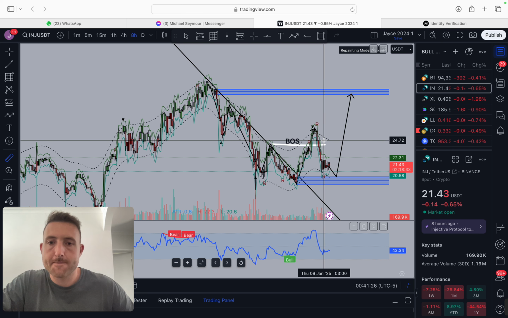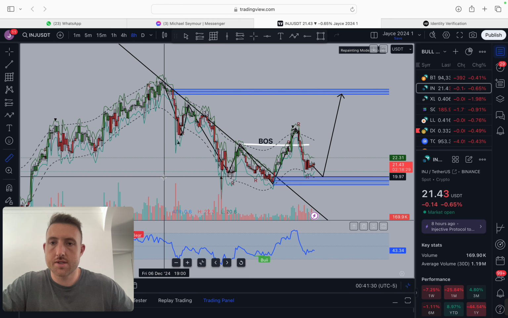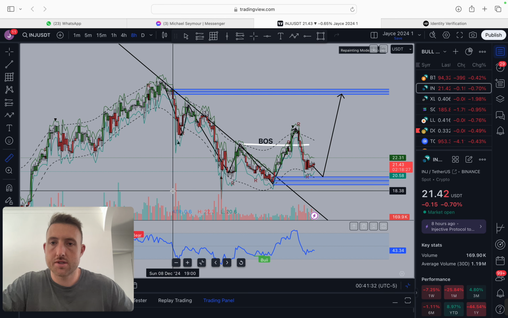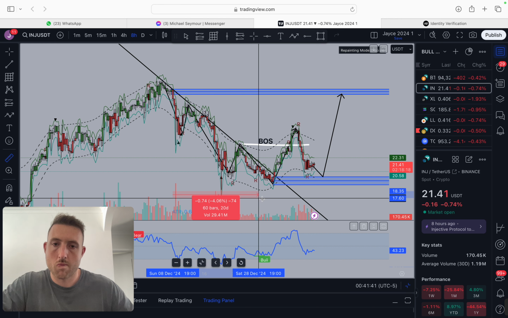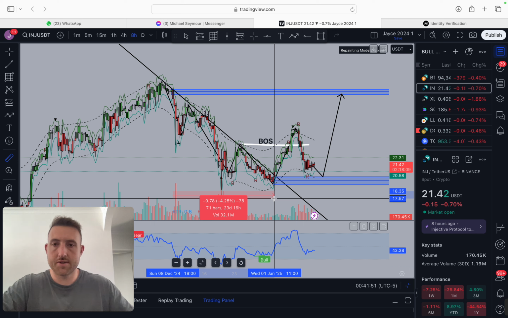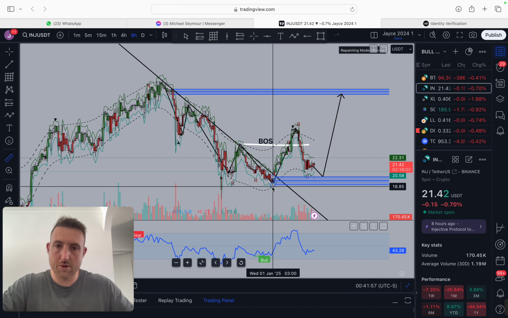So we can see that when we broke this trend here, it took us 23 days to break that trend. So to get up to that same price, we're looking at 23 days from here.